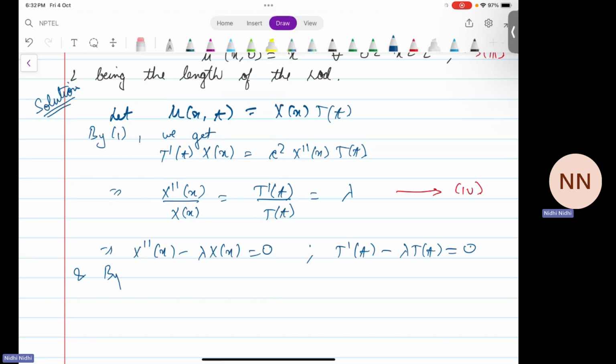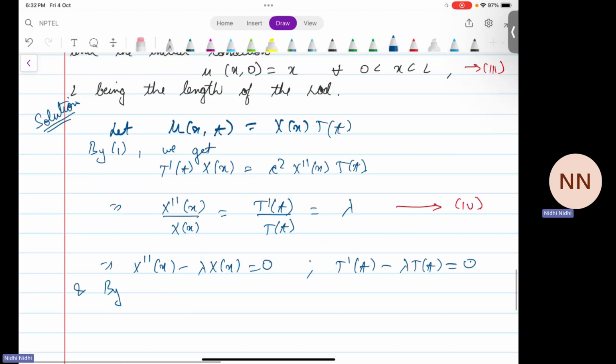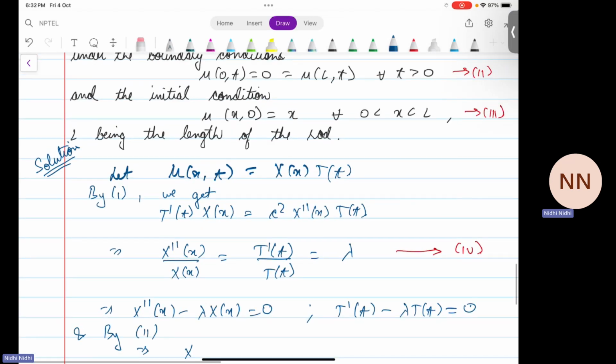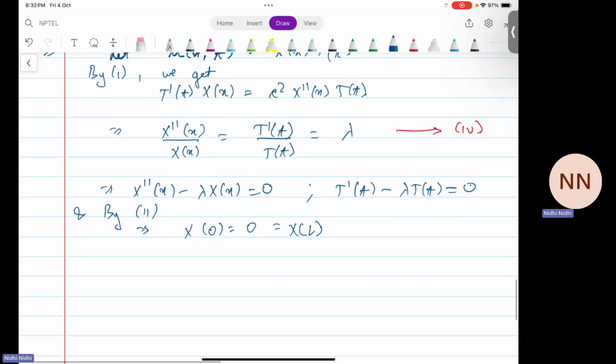By the boundary conditions given in equation 2, as we did in the last question, we will get X(0) is equal to 0, which is equal to X(L). So now, as done in the previous question, we take different cases. For lambda equal to 0, we will end up getting X equals to 0.